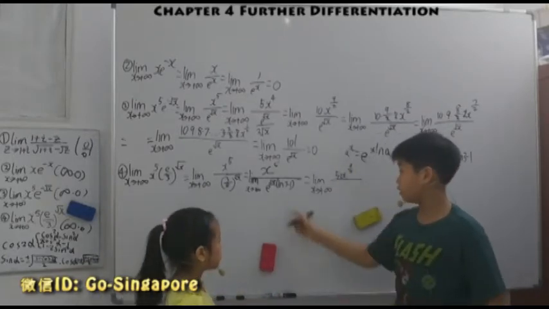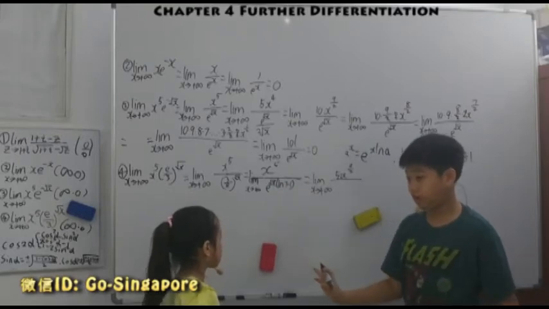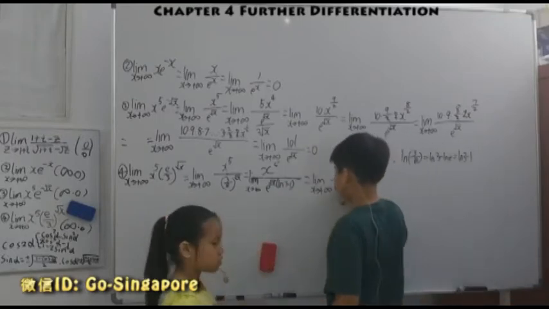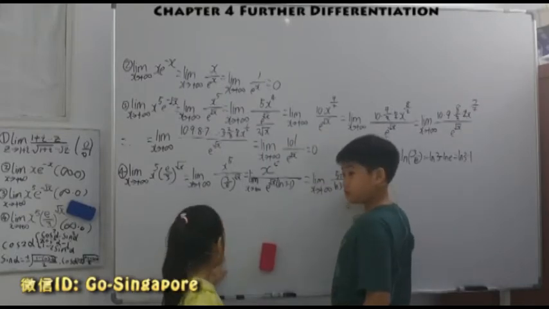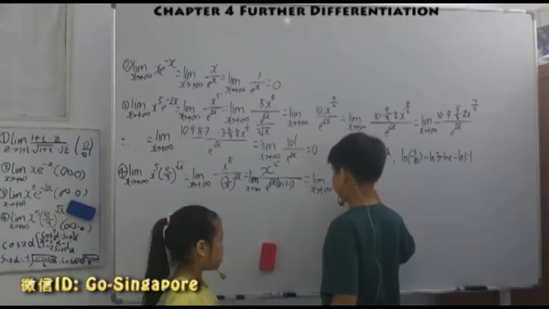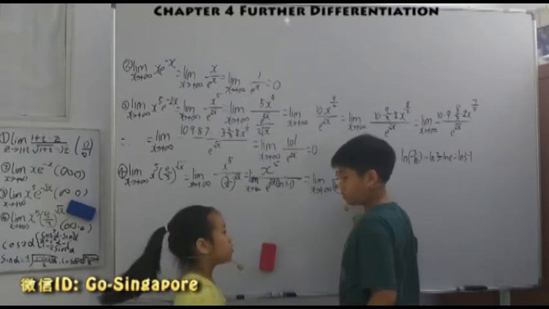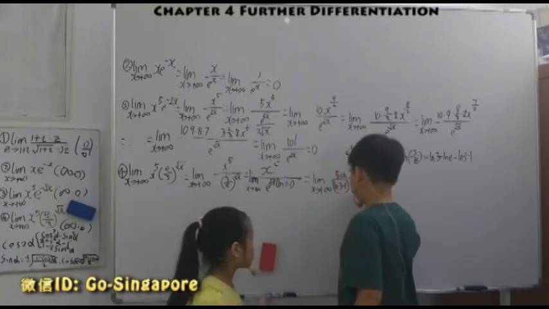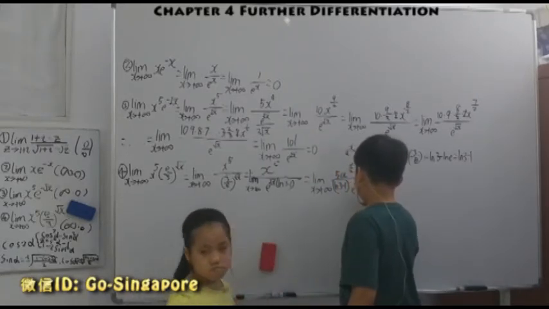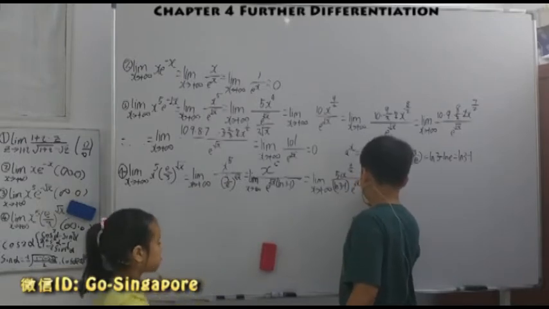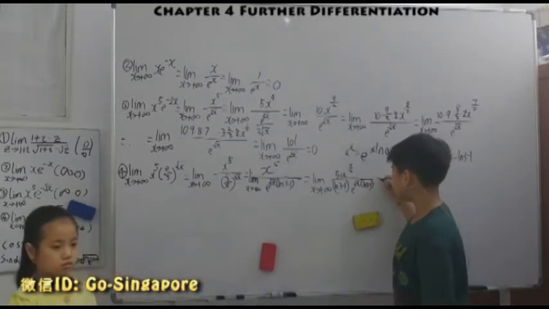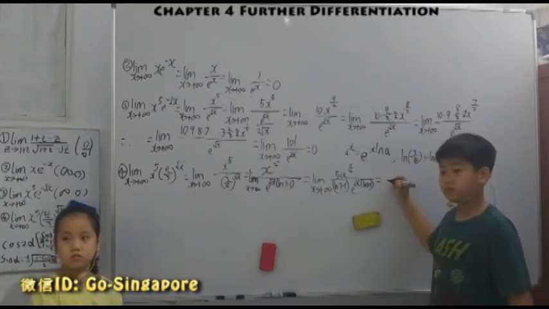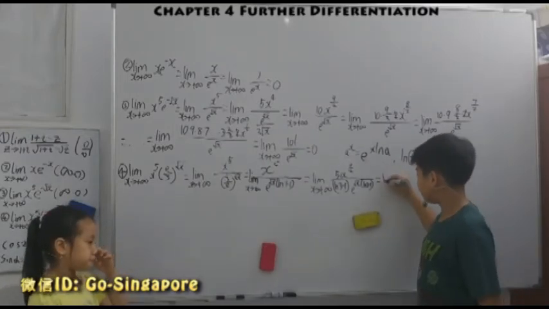And this denominator, bring down, doesn't change at all, right? Then times ln 3 minus 1. I already wrote it here. It is right.